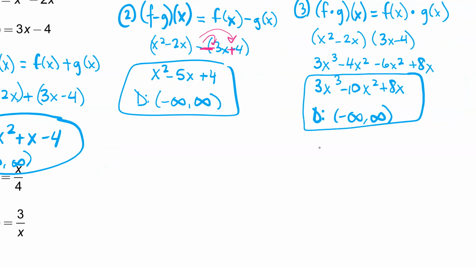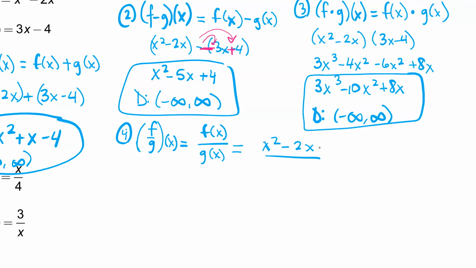So if I want to find the next one, f divided by g of x, what this means is I'm taking f of x and dividing by g of x. So this is just going to be x squared minus 2x over 3x minus 4. Can I simplify this at all?